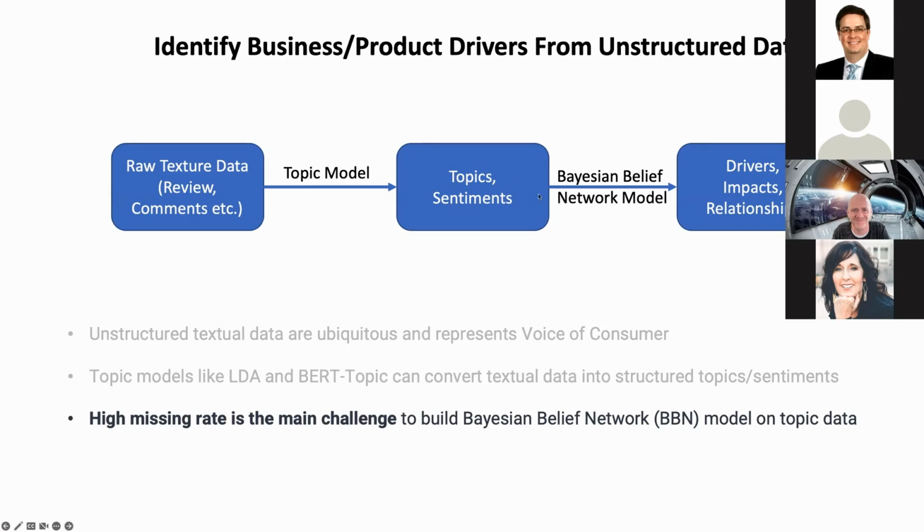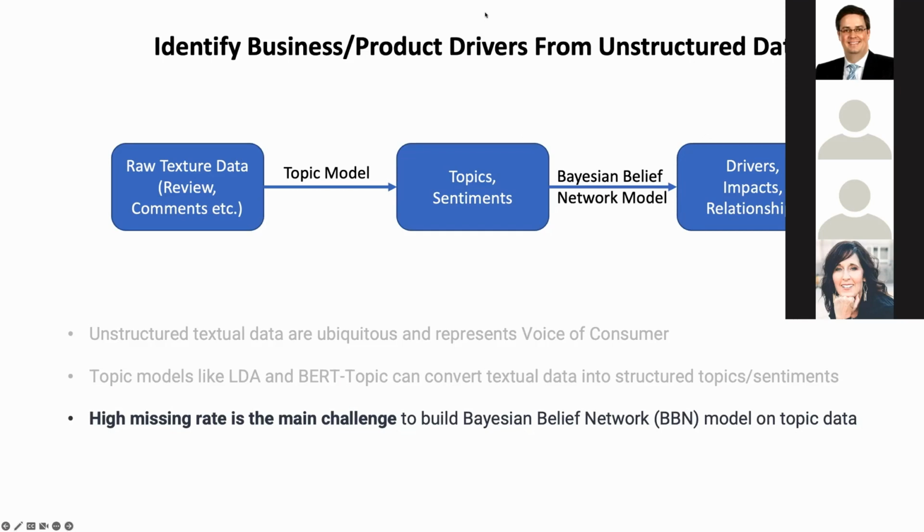So the question is, you have the topics, you have the sentiments, so what, right? These topics themselves and sentiments themselves will not help you that much to unlock product innovation. Rather than just having topics and sentiments, we wanted a way to understand the drivers, the relationships among the topics. That's the thing that really matters.